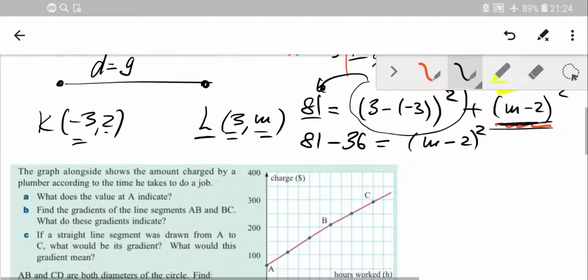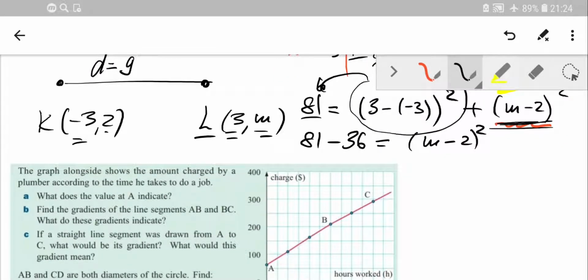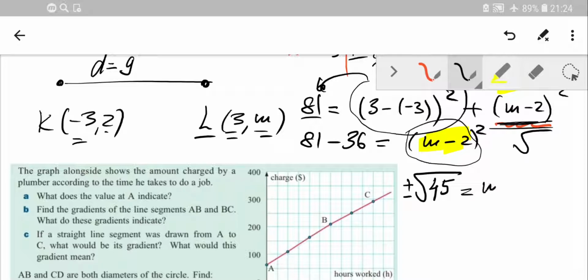Okay, and now what we need to do is solve a simple quadratic equation. So m is inside, so normally we pretend that the whole thing is a variable squared. In order to find the variable, we just need to square root both sides. So 81 minus 36: 81 minus 30 is 51, and minus 6 is 45. So the square root of 45, plus and minus, equals m minus 2.